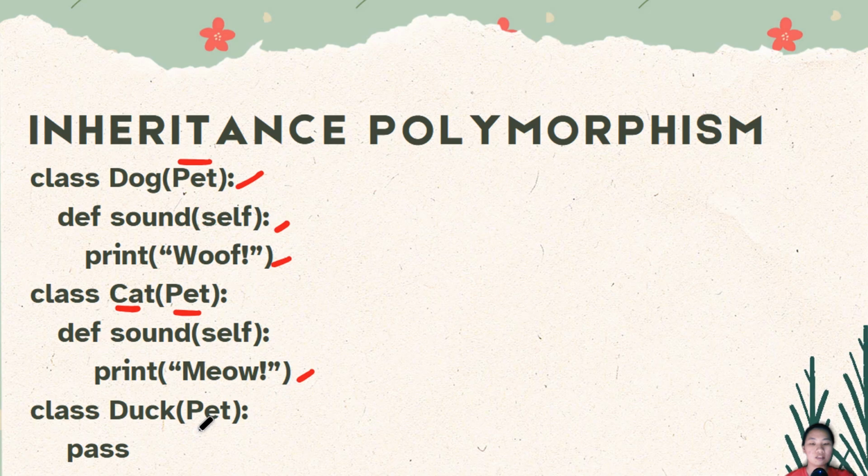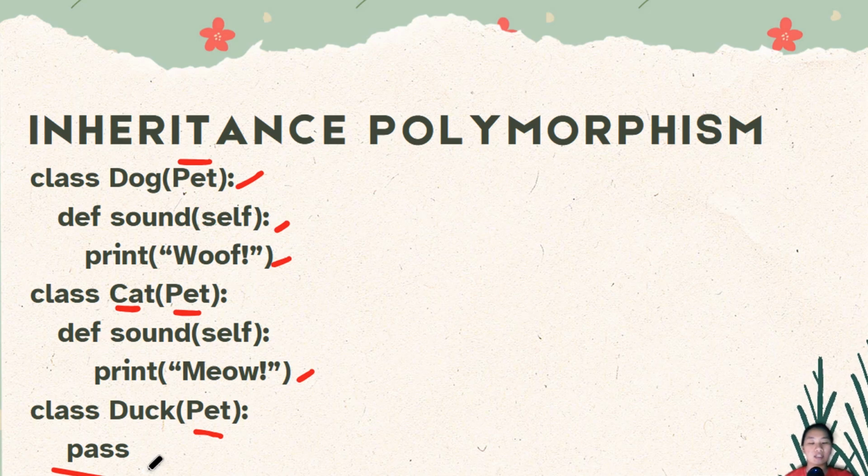Duck also has the same parent inheritance, but we pass in the pass statement. So instead of keeping the duck class blank, which may return an error, we're using the pass statement so we can pass straight through and have no issue with that.